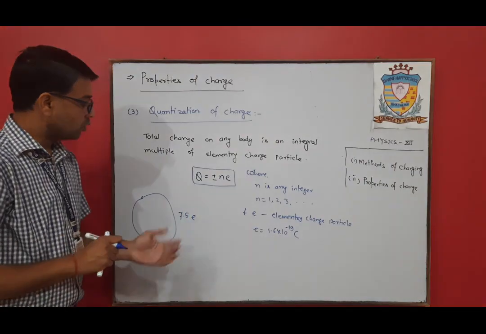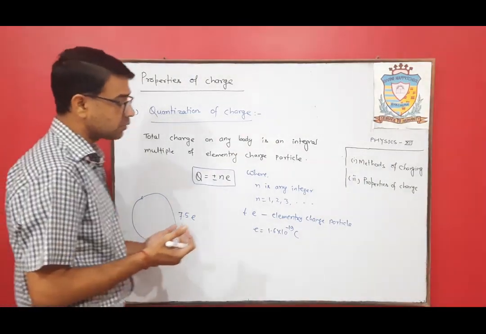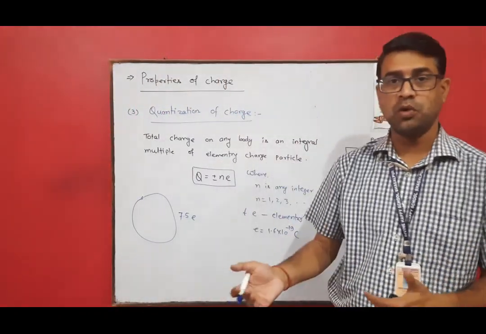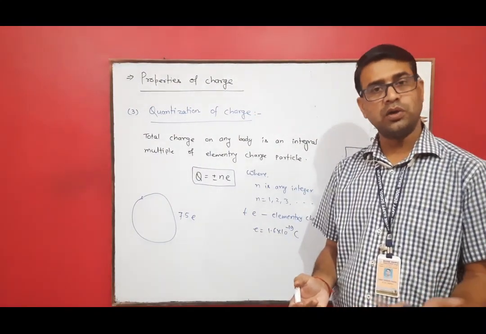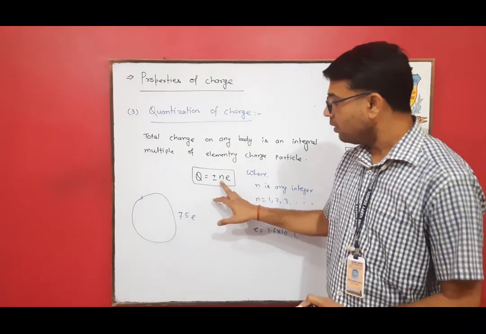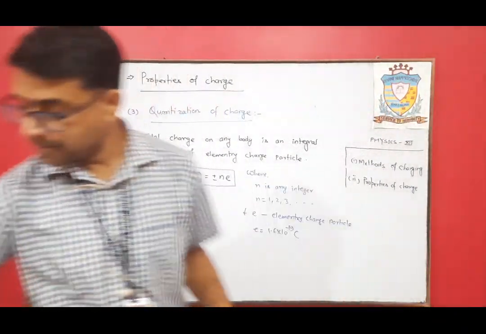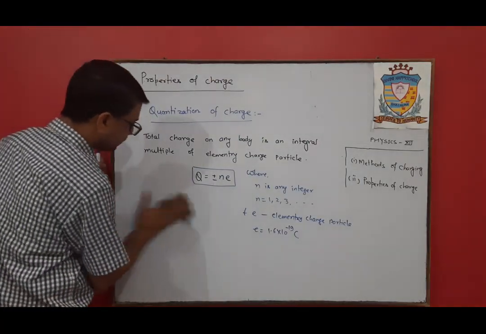The answer is no. So how can we represent it? It means 5 electrons transfer from one body to another body, 2 electrons transfer, or 100 electrons transfer. It means n must be an integer. Clear? So this is the quantization of charge.